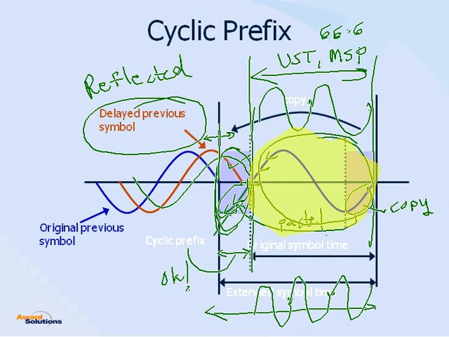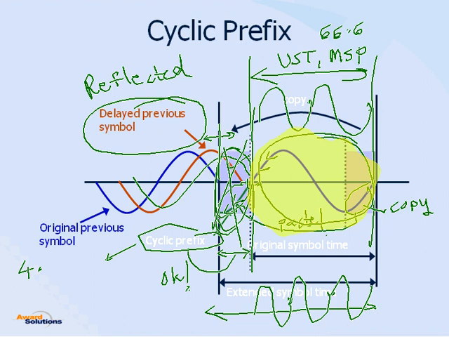So basically, multipaths will mess up the signals, and the cyclic prefix, the cyclic extension, will recover the orthogonality because we have the extra time that we can easily discard at the receiver. And the question is how much CP I should have. In UMTS, we have 2 values.